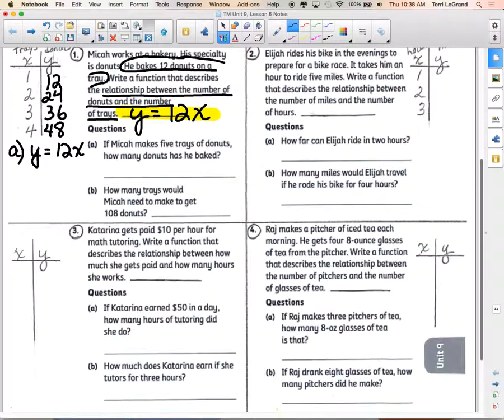So if Micah makes 5 trays, looks like we know which value, the x value or the y value. What is that 5? Is it the y or is it the x? We've got to make that decision always. Is that our x or is that our y? 5 trays.